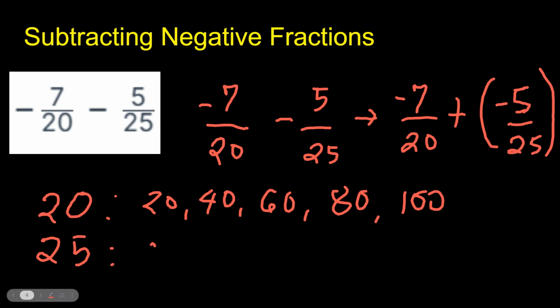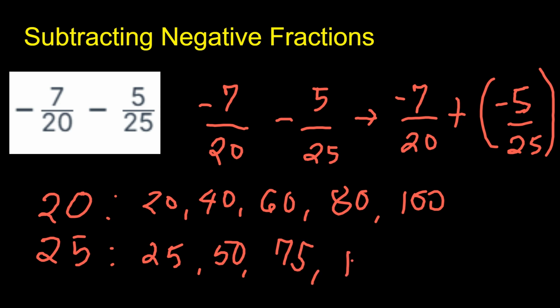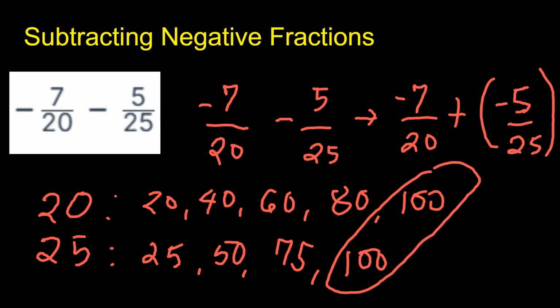And then for 25, we have 25, 50, 75, and 100. So, by common sense, we can now say that our LCD is 100. The least common denominator of 20 and 25 is 100.